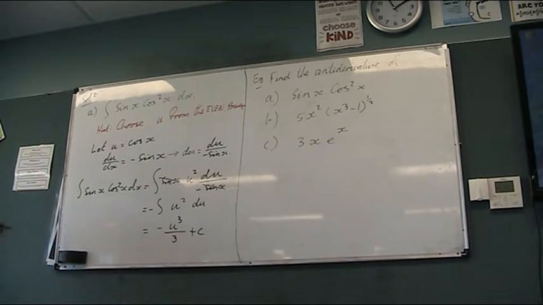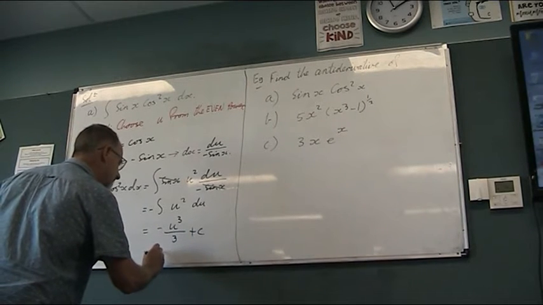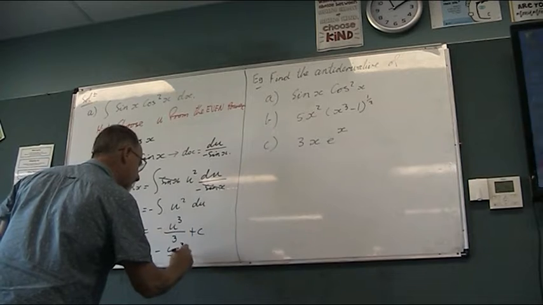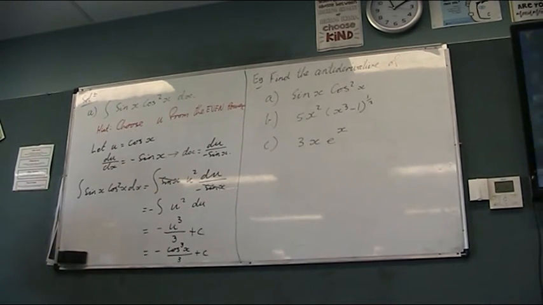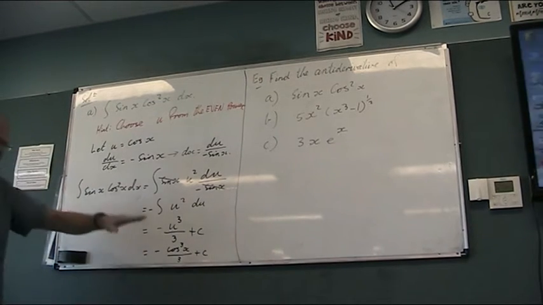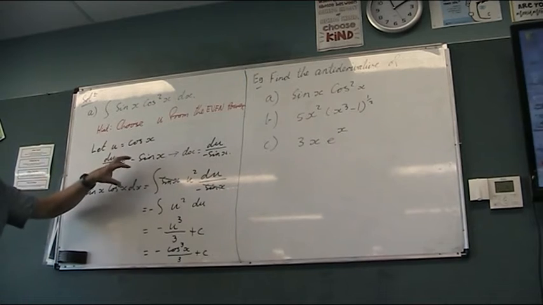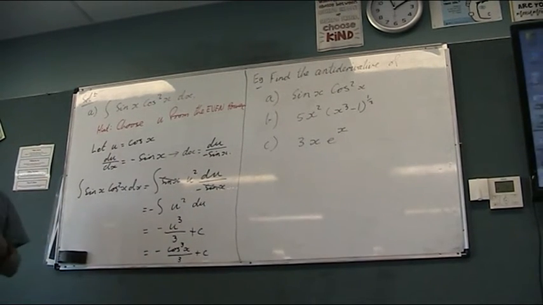Now, of course, that was the substitution that we're after. We've now got to substitute back. And so that's cos cubed now, isn't it? Cos cubed x over 3 plus c. Because our original question was in terms of x, so we need our final answer in terms of x. So we've made a substitution in the middle to simplify that integration process, and then come back.